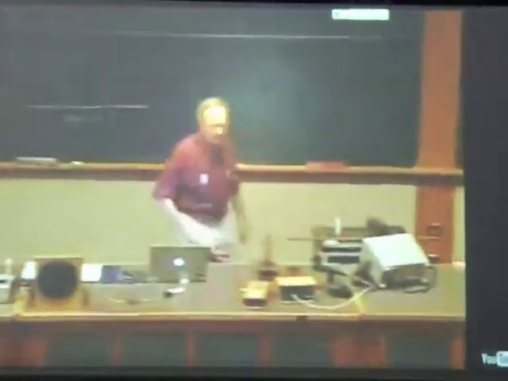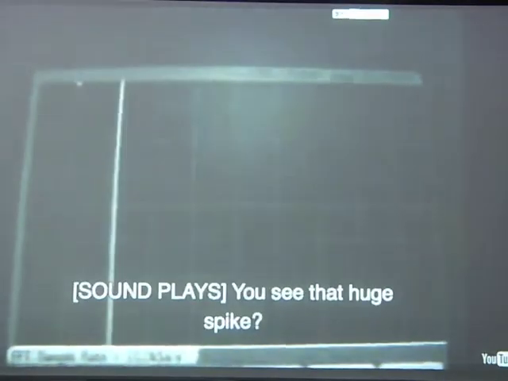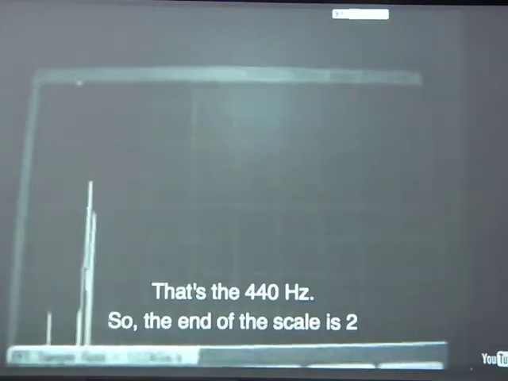The scale that you see from left to right is 2 kilohertz. I'll first make you see the 440 hertz. See that huge spike? That's at 440 hertz. So the end of the scale is 2 kilohertz.